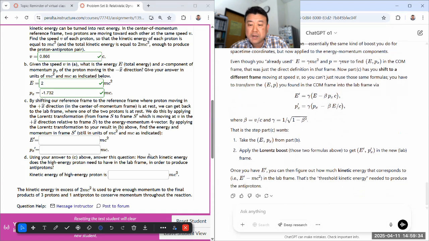Yeah, I guess that ought to be easy enough to apply. Let's see. So that's 2 minus that, but it's a negative number. Or sorry, let me do this. So it's 1 plus that, so 2.732 times 2. So it should be 5.464.